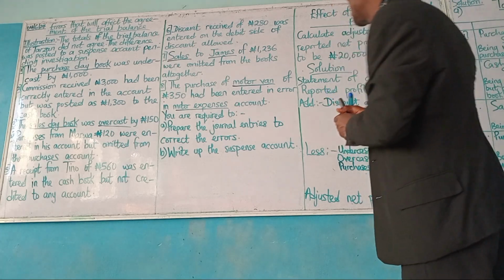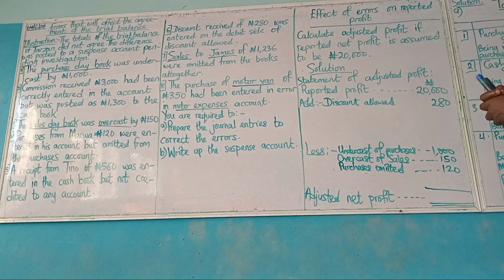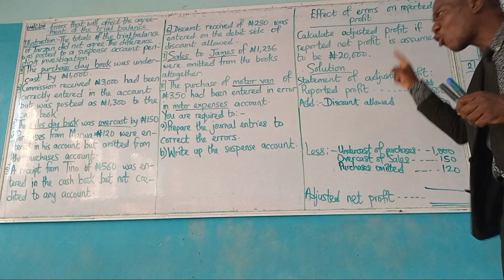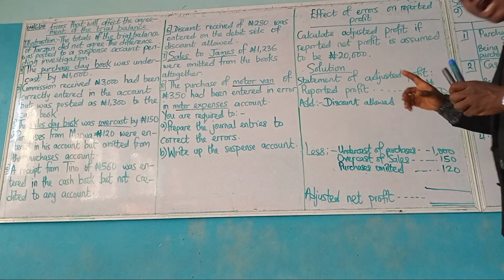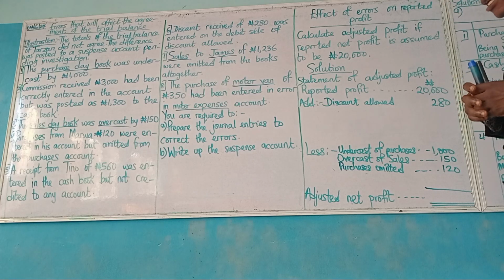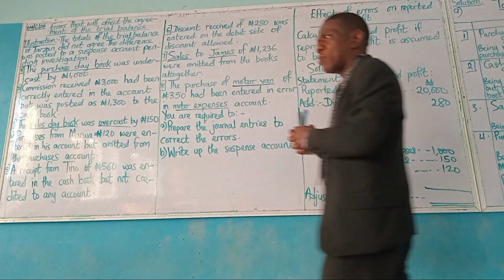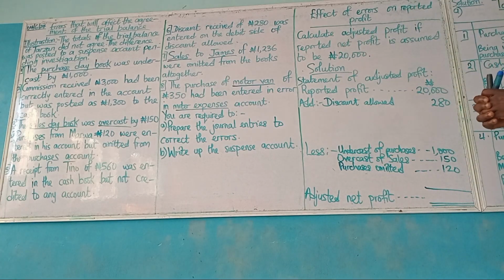Now, let's look at discount received. If we add this back, it means we have reversed the error. But have we done the correct recording? Have we done the correct thing by posting this 280 to the discount received account? It was not posted to the discount received account. So let's post this to the discount received account.